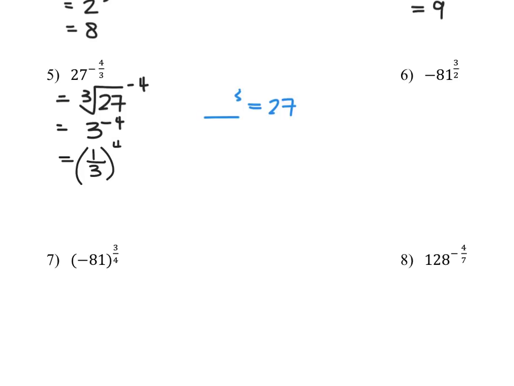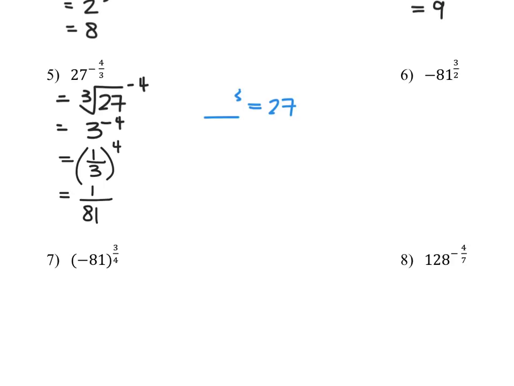But the exponent is not going to flip. The exponent is just going to drop the negative sign. So that means that we get 1 over 3 raised to the exponent of 4. So this is really 1 over 3 to the exponent of 4, which is 1 over 81. That is your final answer.